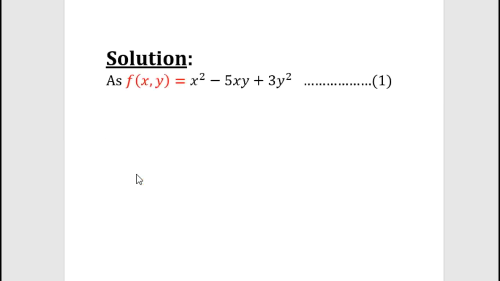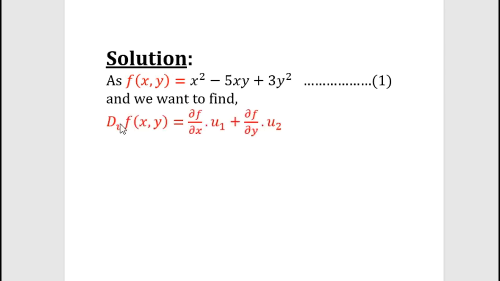As f(x,y) is equal to x squared minus 5xy plus 3y squared and we want to find D_u f(x,y), which is equal to partial f by partial x times u1 plus partial f by partial y times u2. This means we have to find partial f by partial x, partial f by partial y, u1 and u2.